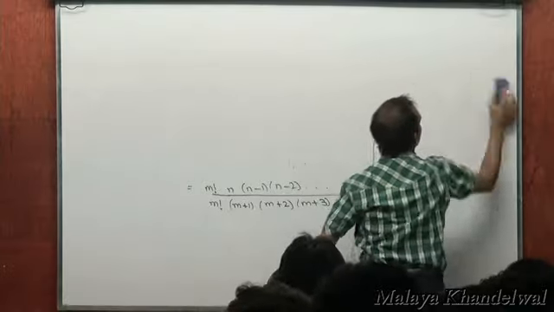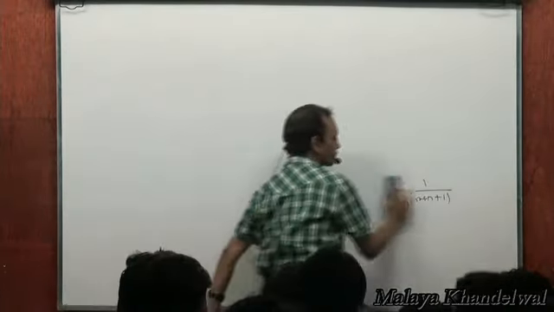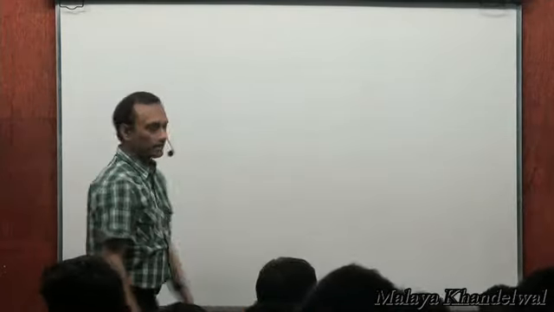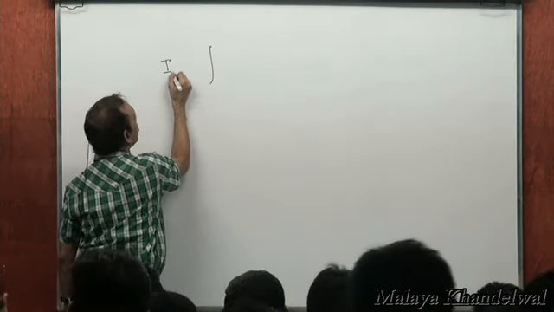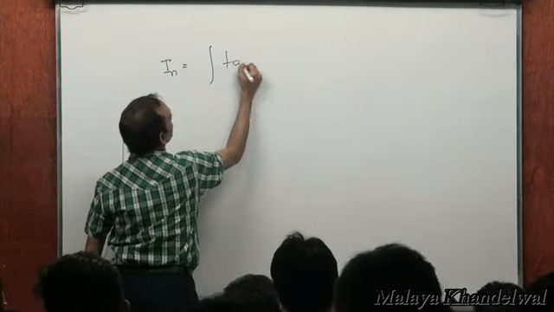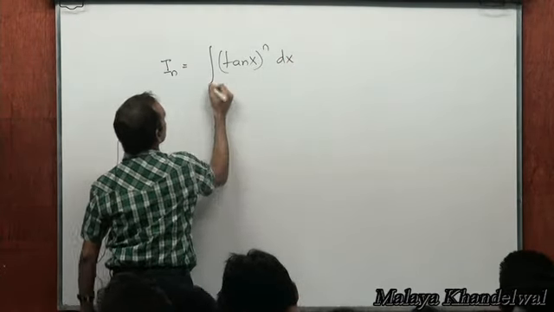Another quick one. I(n) is the integral of tan x to power n dx from 0 to pi by 4.